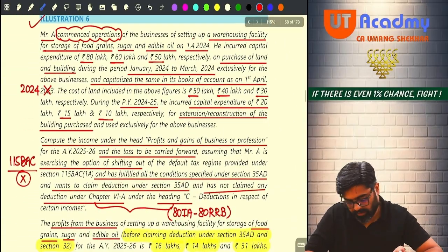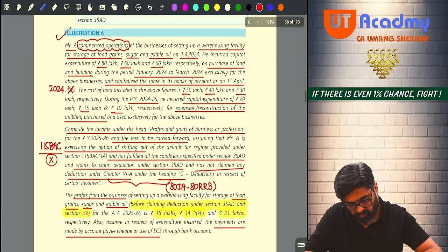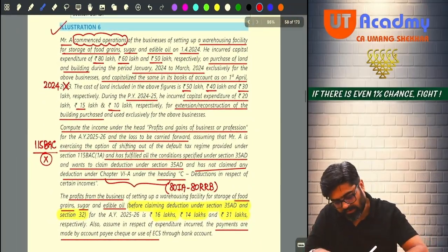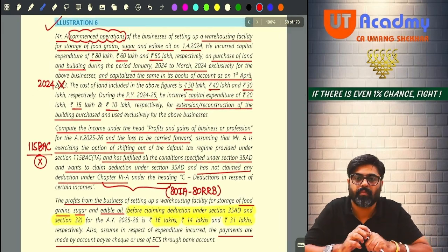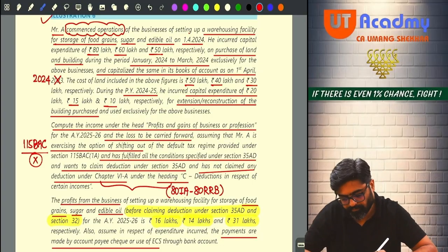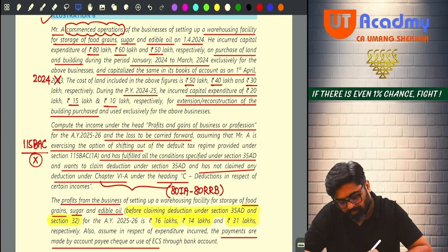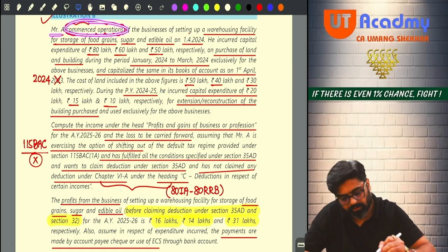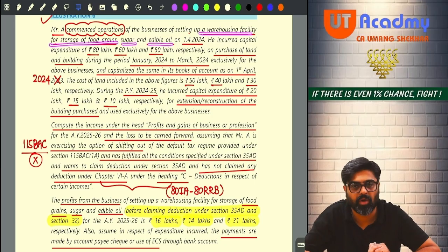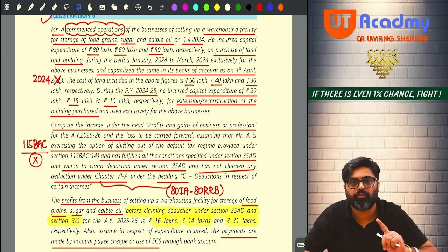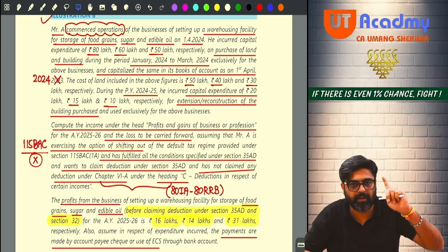Now come to question number 6. Mark this question important. Very good question. Mr. A has commenced operations of the business of setting up a warehousing facility for storage of food grains, sugar and edible oil. If you remember, yesterday we saw the list of those 15 specified businesses.